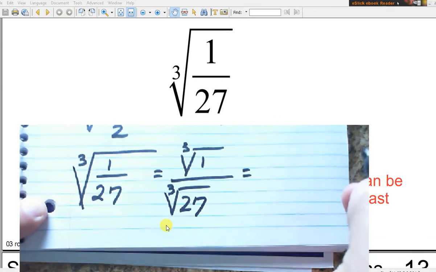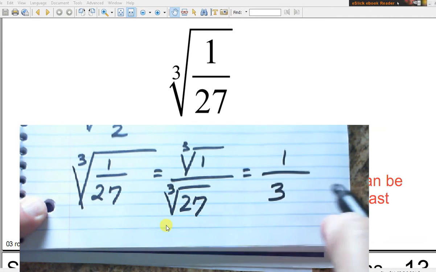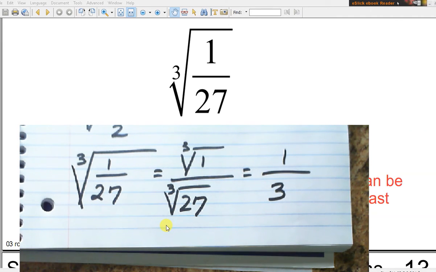What's the cube root of 1? 1. What's the cube root of 27? 3. But if I could simplify the fraction, I would simplify it first. In this case, I couldn't simplify.